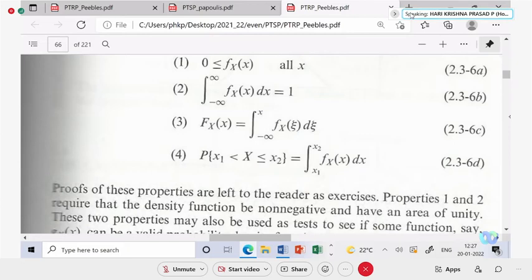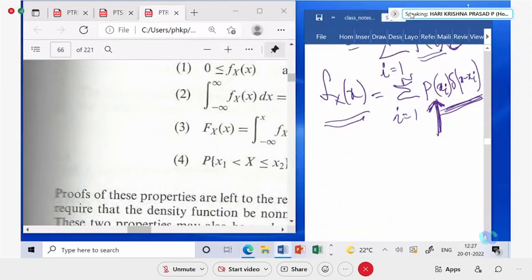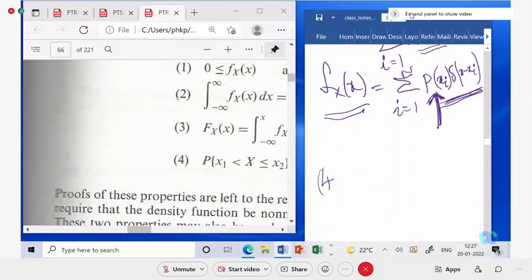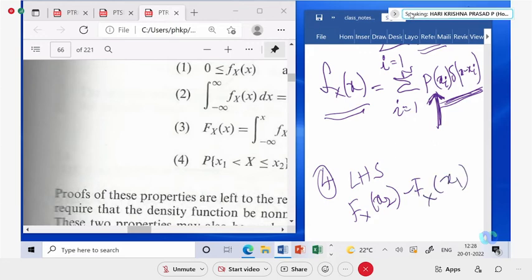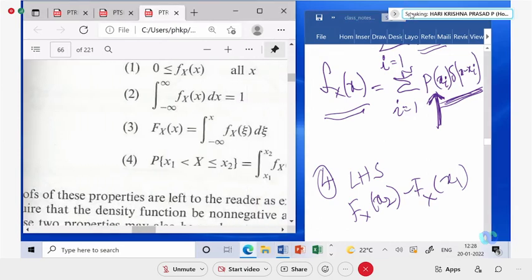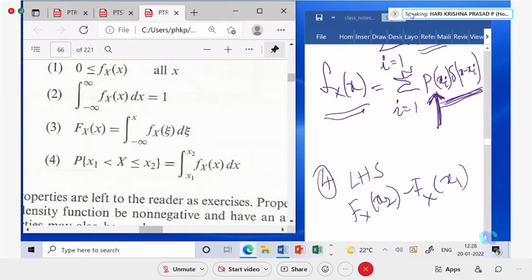How can I write the fourth property? Property 4, left hand side, it is nothing but FX of x2 minus FX of x1. I hope the difference between the third and fourth properties is clear.